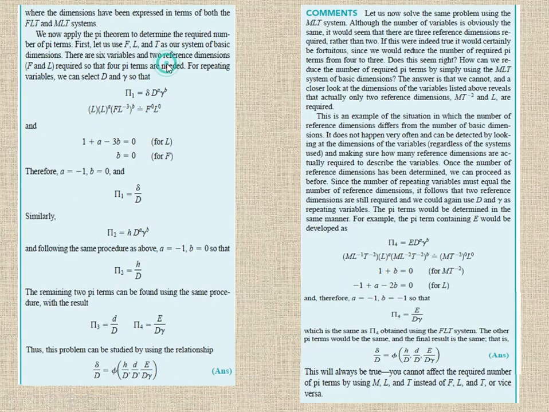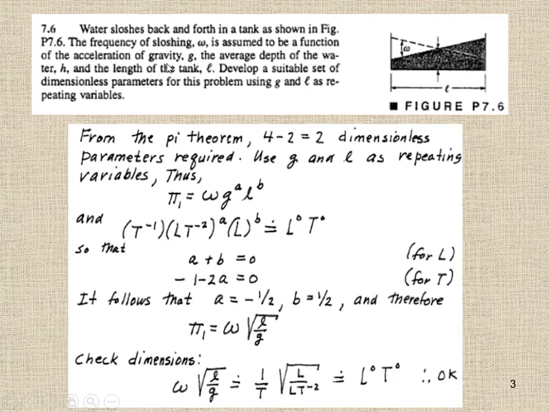Variable number 1 is omega, the frequency, then the gravitational acceleration g, the length L, and the height h. These are the 4 variables given, so the total number of variables is 4.